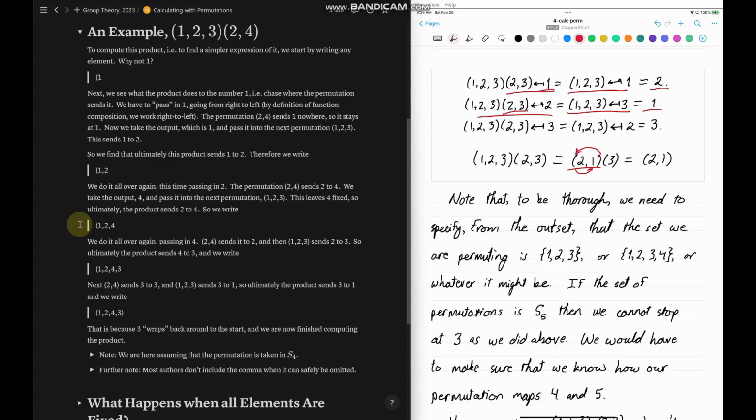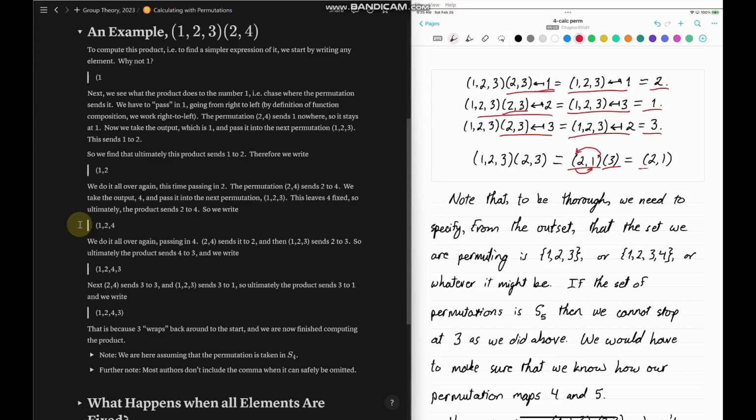We haven't encountered everything yet, so we could chase 3. And we see that in the rightmost cycle, 3 goes to 2. So now we're sending 2 into (1 2 3). That sends 2 to 3. So ultimately, 3 goes to 3. And we could write this, so to speak, as a 1-cycle.